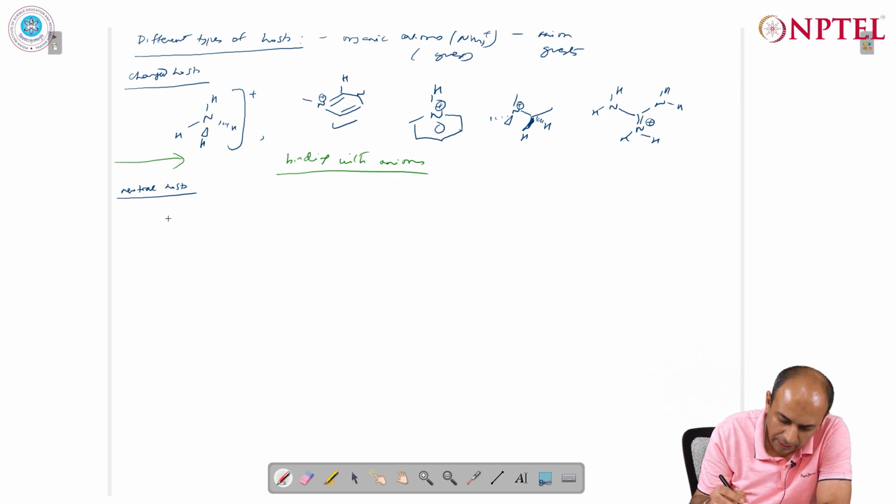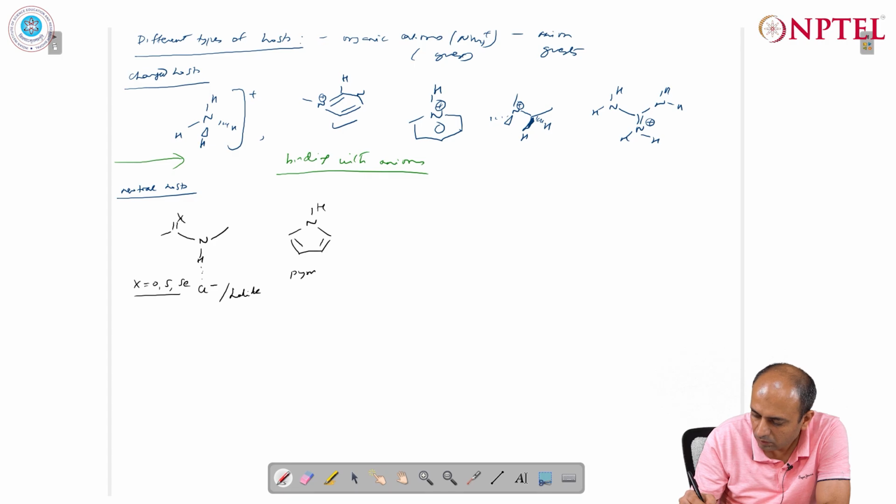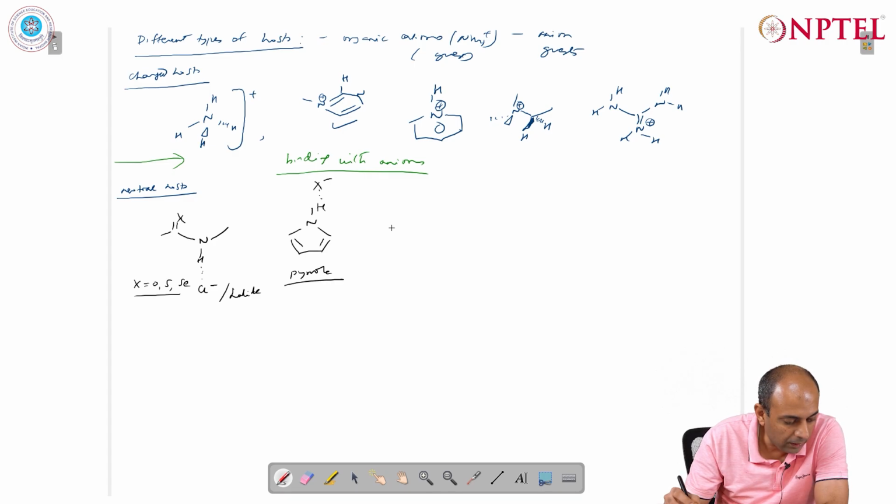Now we can also look at other neutral hosts which can bind with anions. For example, we can look at this kind of system where X is equal to oxygen, sulfur, or selenium, and this can hydrogen bond with a chloride ion or any halide. We can have a pyrrole based system, which also has a donor and can interact with a halide.